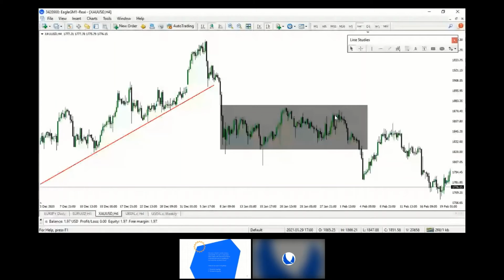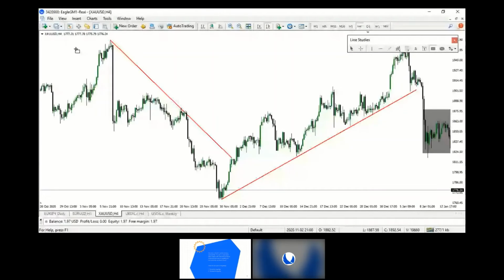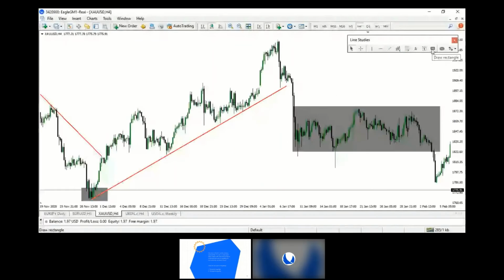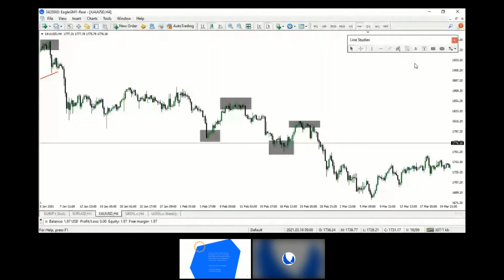Now, talking about swing points, this is a swing high. This is a swing low. This is a swing high, a swing low, a swing high, a swing low.